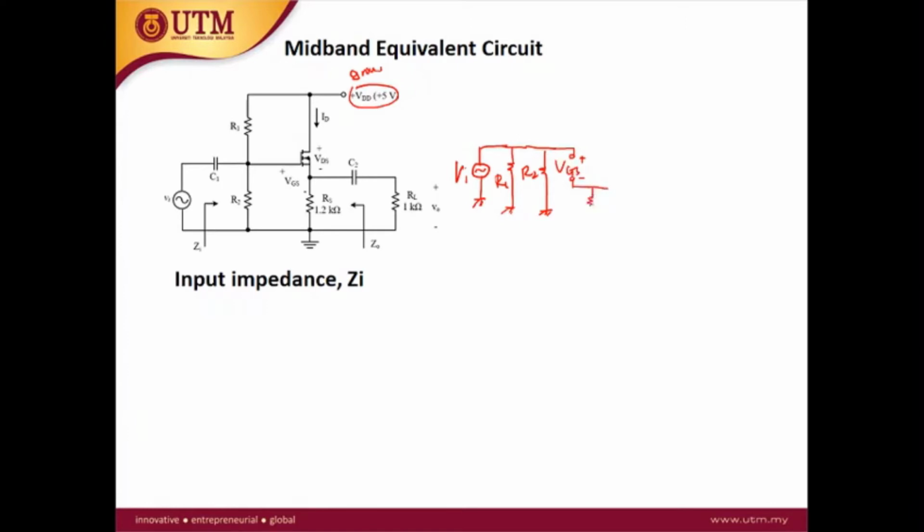And then at the source, we have the RS, and we also have the RL. At the drain, this is connected to the ground. Okay, so this is the AC equivalent circuit.